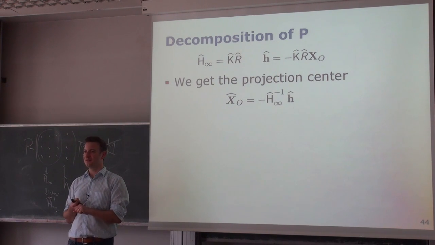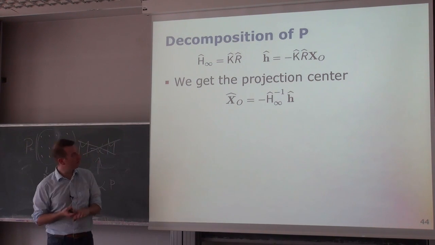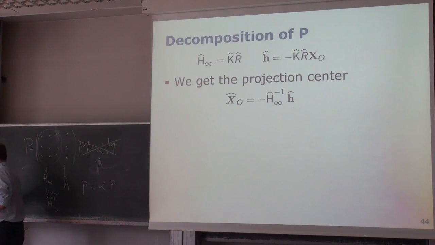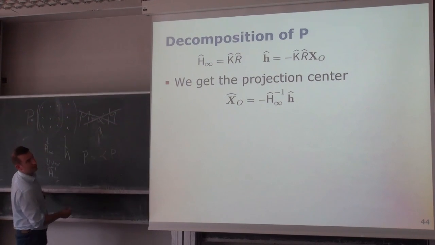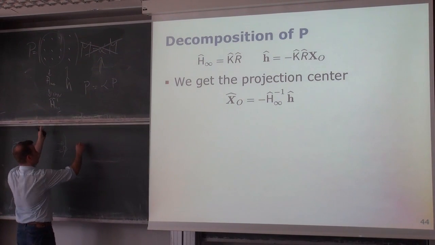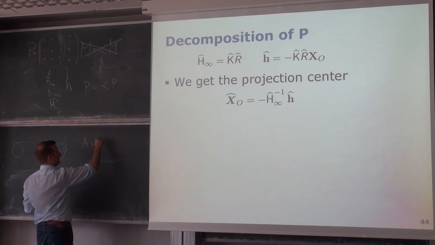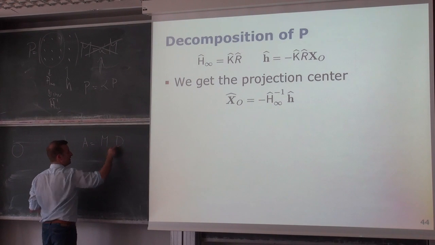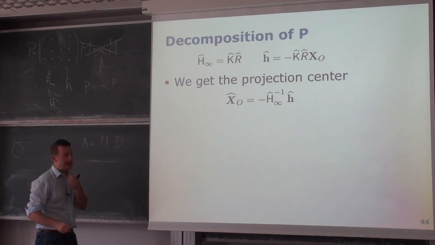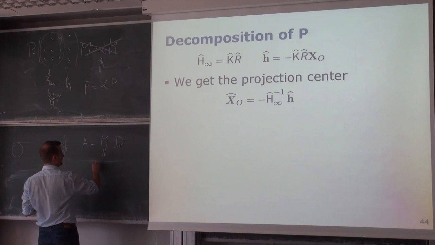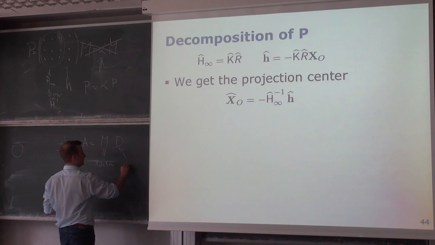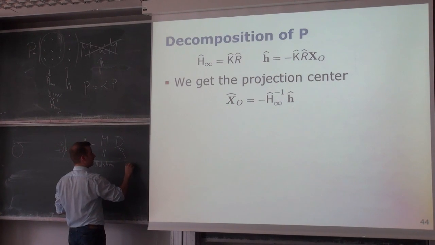The other is QR decomposition, QR-Zerlegung, which basically decomposes an arbitrary matrix, whatever A, into a rotation matrix and a triangular matrix.